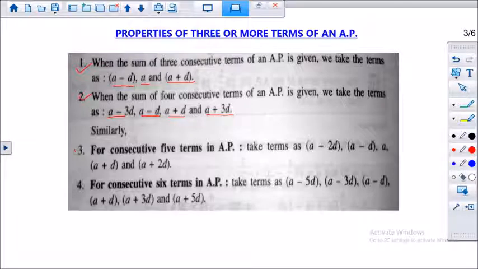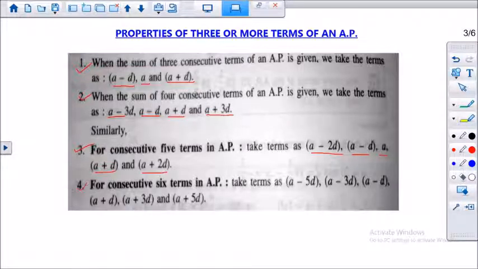Property 3: for 5 consecutive terms in AP, we take the terms as a minus 2d, a minus d, a, a plus d, and a plus 2d.